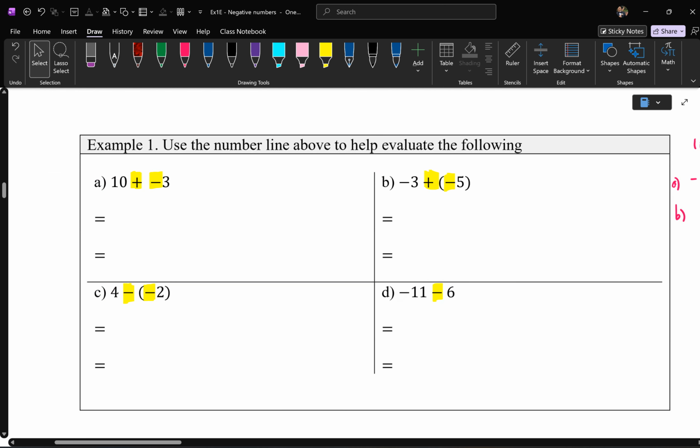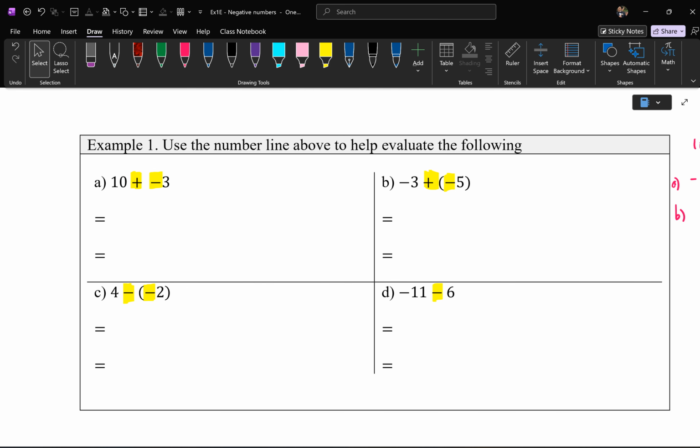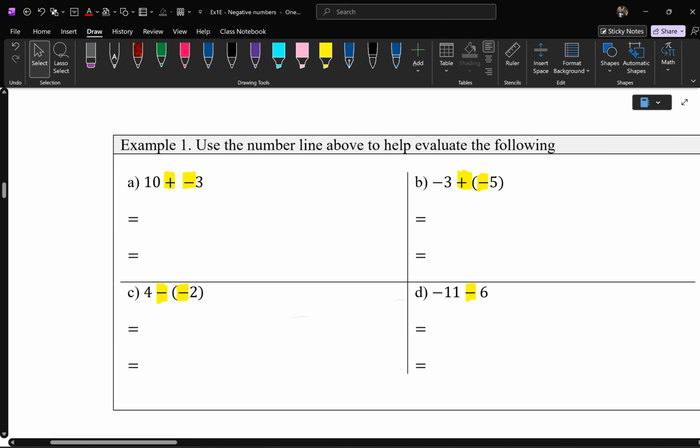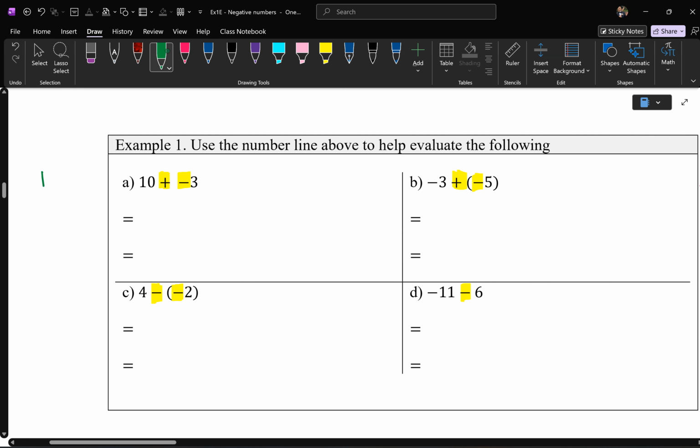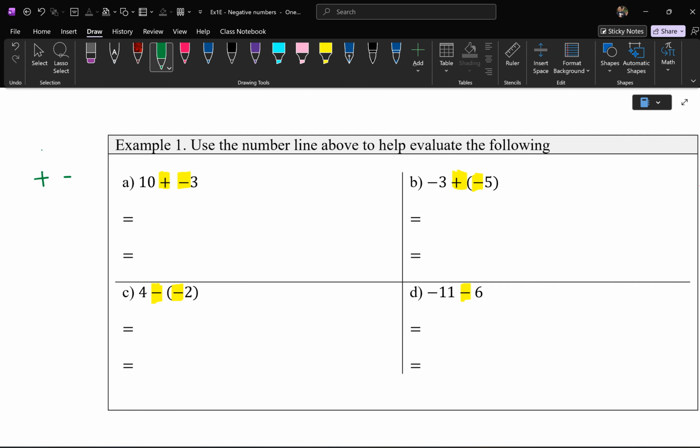Over here, this gets confusing for a lot of students when you add on a negative or you subtract a negative. That's why in the notes from last session, I told you that if you have 2 operations going, so you've got a plus and negative, or plus a positive, and then minus a negative, or minus a positive, if the signs are the same, you can change it to plus.